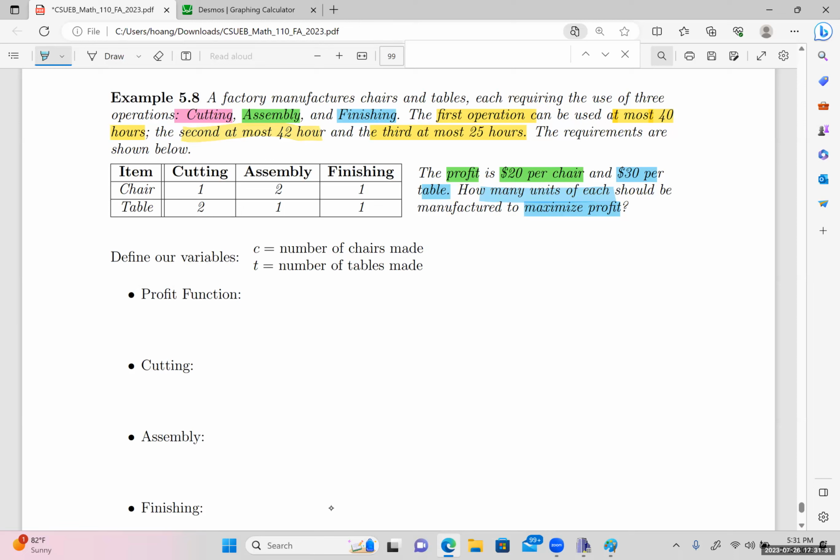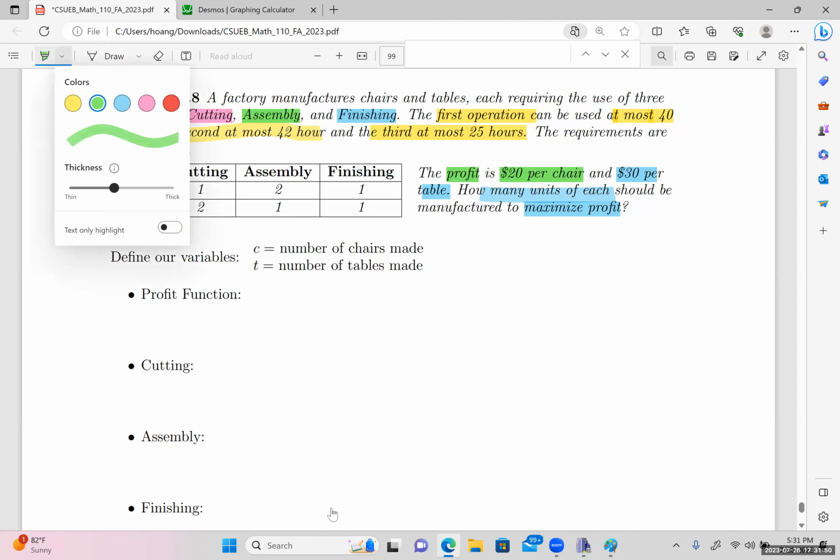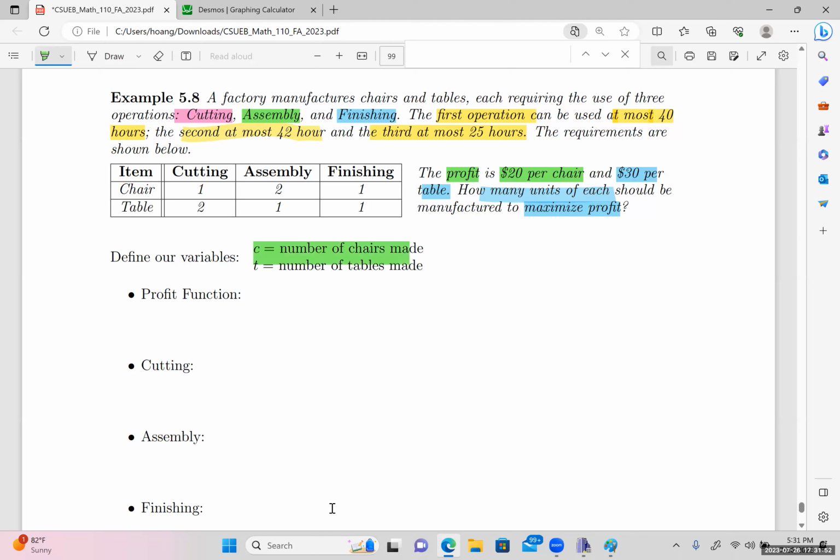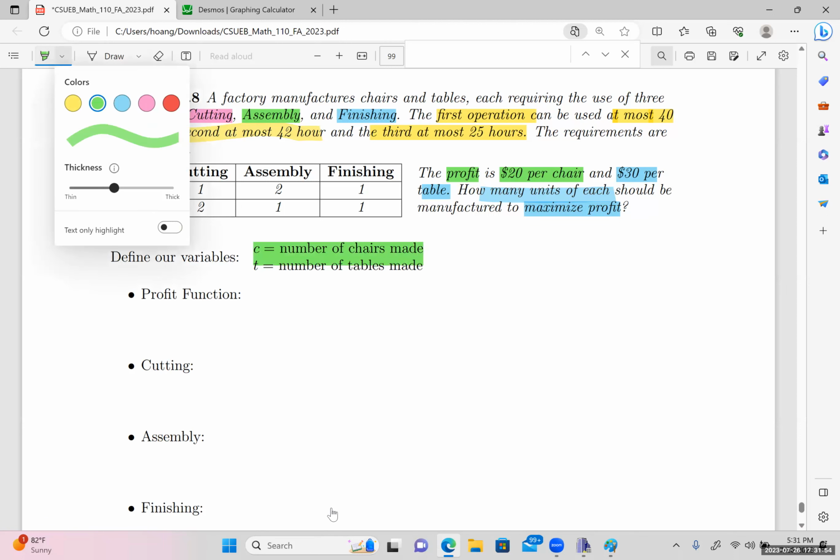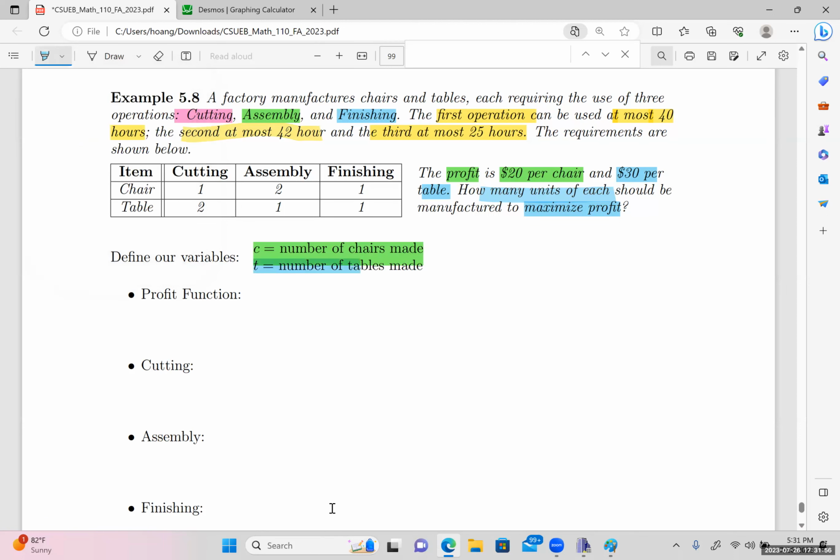Let's practice with some new names instead of X and Y. The number of chairs will be C, and the number of tables will be T.